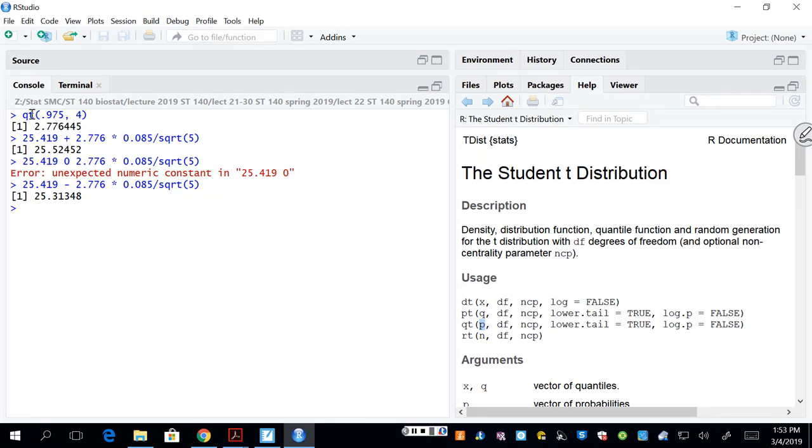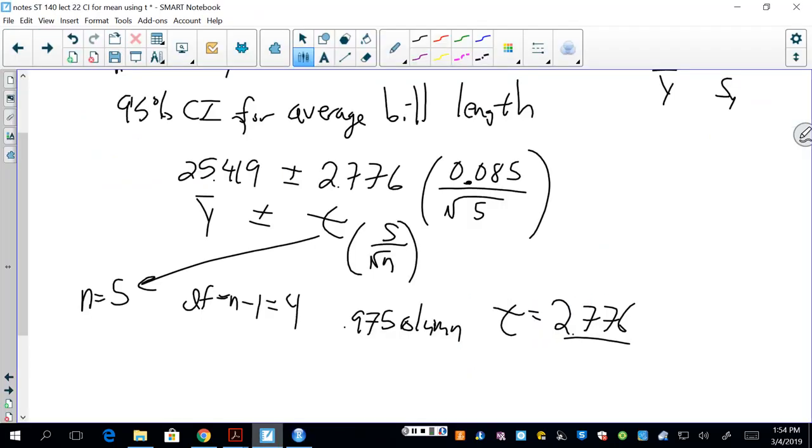We only need about the first few decimal places. So adding that on, the upper limit is 25.52, the lower limit 25.31, and that would be the 95% confidence interval for the average bill length. If you change it to n equal 20, is the interval going to be wider or narrower?